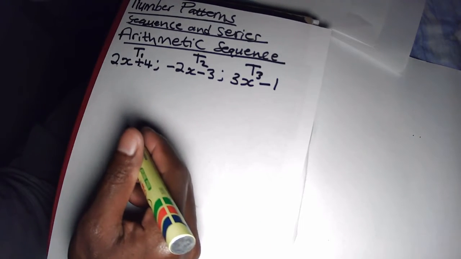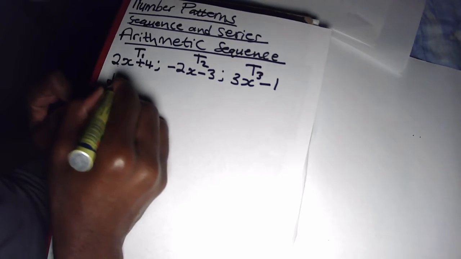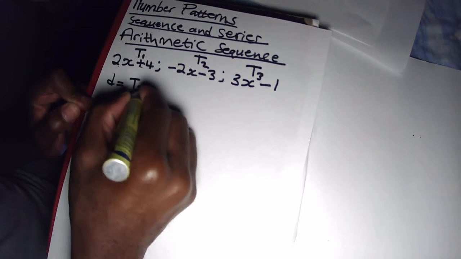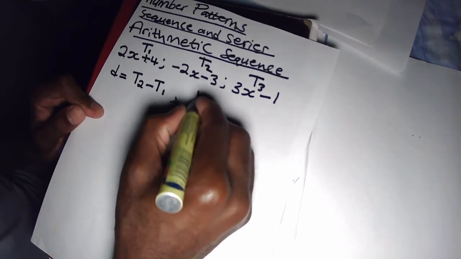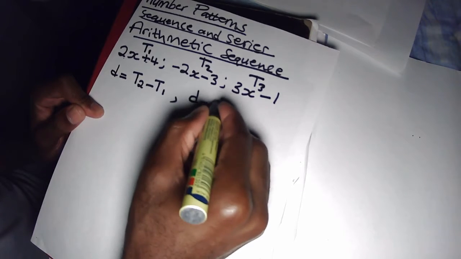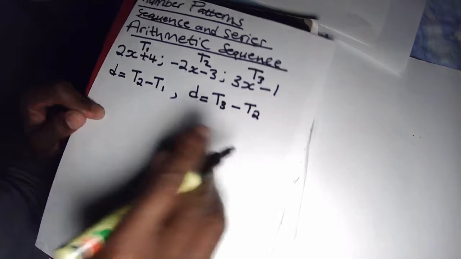Guys, now how do we calculate the common difference of an arithmetic sequence? d is equal to t2 subtracting t1, as well as d is equal to t3 subtracting t2, and so forth.